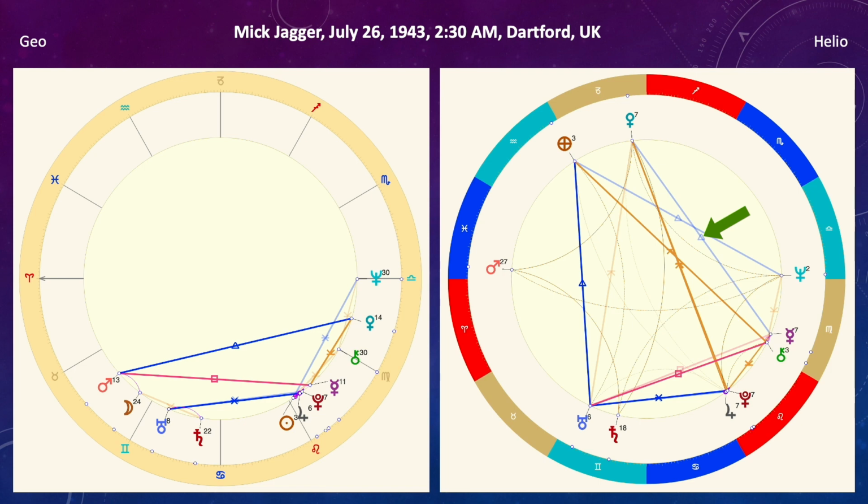And the distance between the Sun and Venus is always within 50 degrees. Between themselves, Mercury and Venus can only make a sextile of the major aspects. No squares, no trines, no oppositions. That's in a geochart. In a heliochart, Mercury and Venus are free to travel around the zodiac and to form all sorts of aspects, no limitations.